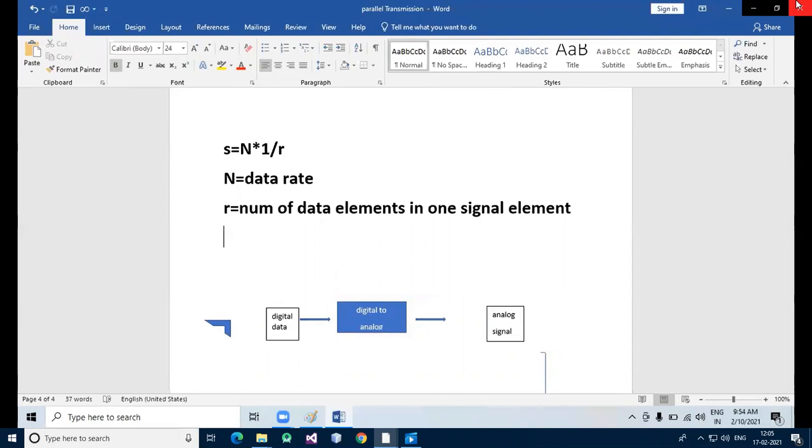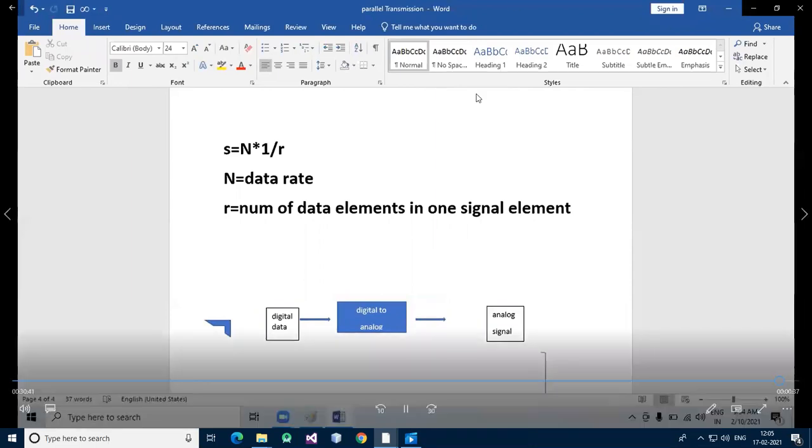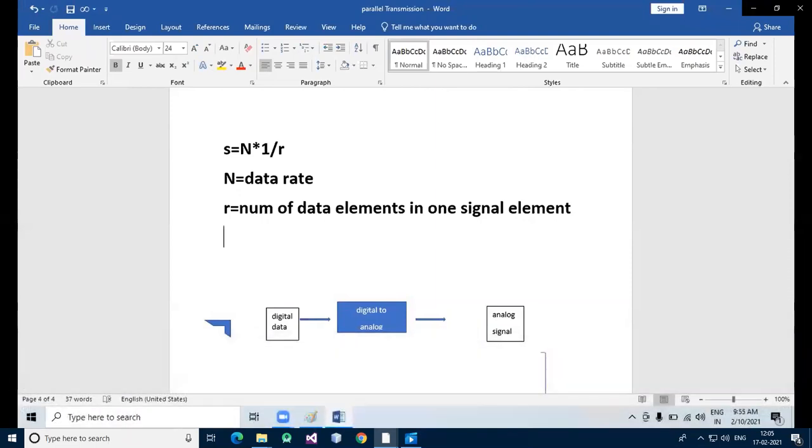The value of r in analog transmission is r = log2 L, where L is the type of signal element. Note that bit rate is the number of bits per second, and baud rate is the number of signal elements or symbols per second. In the analog communication of digital data, bit rate is always greater than or equal to the baud rate.